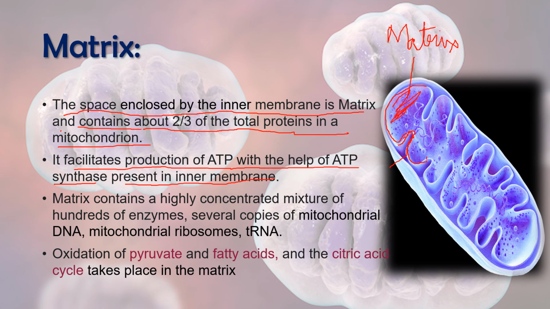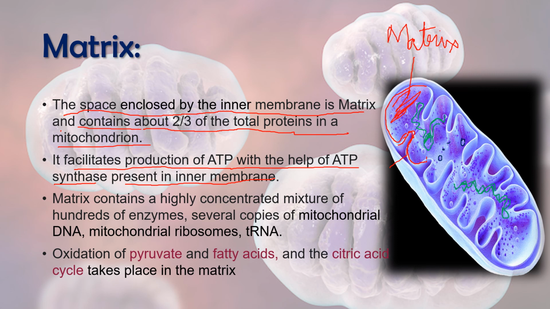As we know, mitochondria are self-replicating. So how do they replicate themselves? Because they have their own DNA. You can see in this diagram these thread-like structures; these are mitochondrial DNA. And as they are self-replicating, if they have their own DNA, then obviously they have their own ribosomes. These small structures are known as ribosomes.